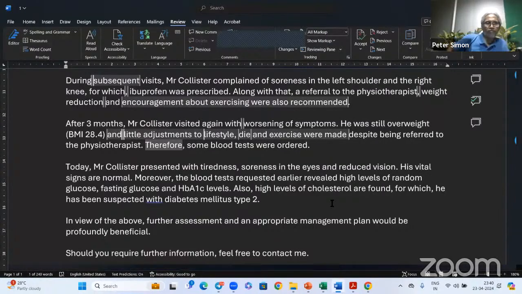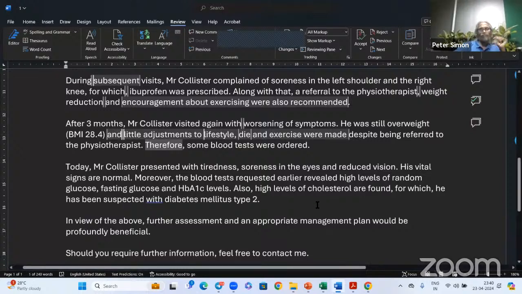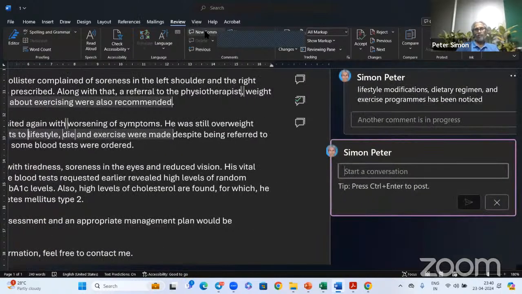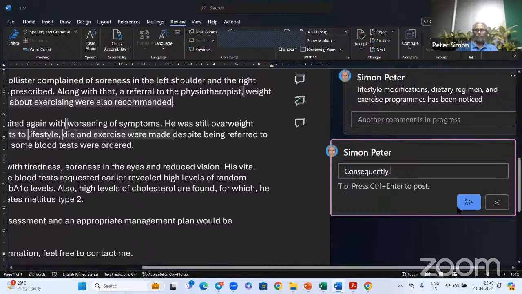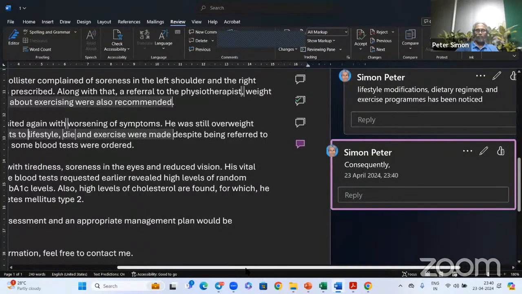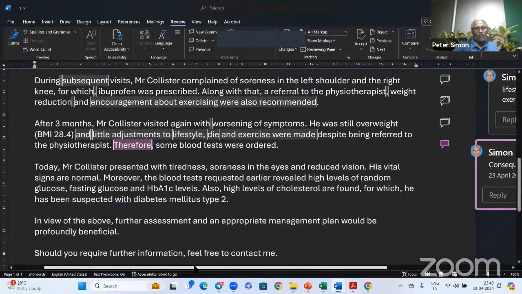Consequently or subsequently, as a consequence, you can say consequently. Okay. Consequently, comma. Some blood tests were ordered.